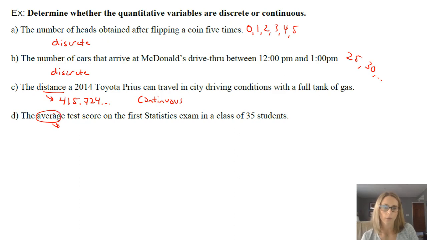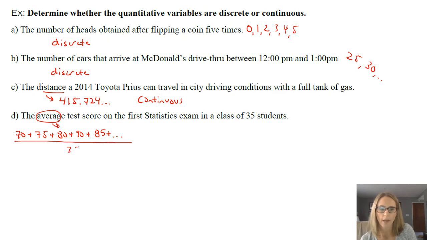So what this is doing, if you remember average from way back, is taking all of the values of the test scores. You could, let's say, add up all the 35 data values, divide by 35, and the thing is that number could be anything. It could literally be anything.